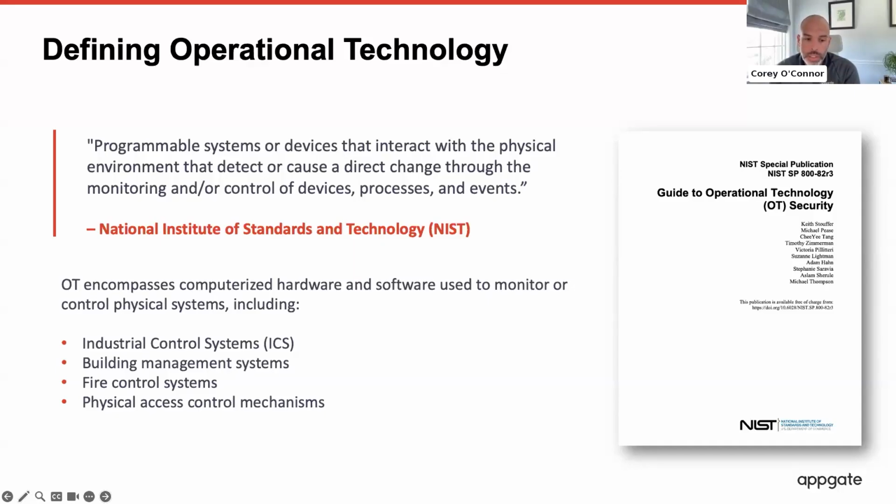JBS Foods, I think it was the same year or the year after. This is a large meat processor that was also hit with ransomware and impacted distribution in the US, Canada, and Australia. And this attack really showed how attackers can cripple the physical production systems within manufacturing, right?